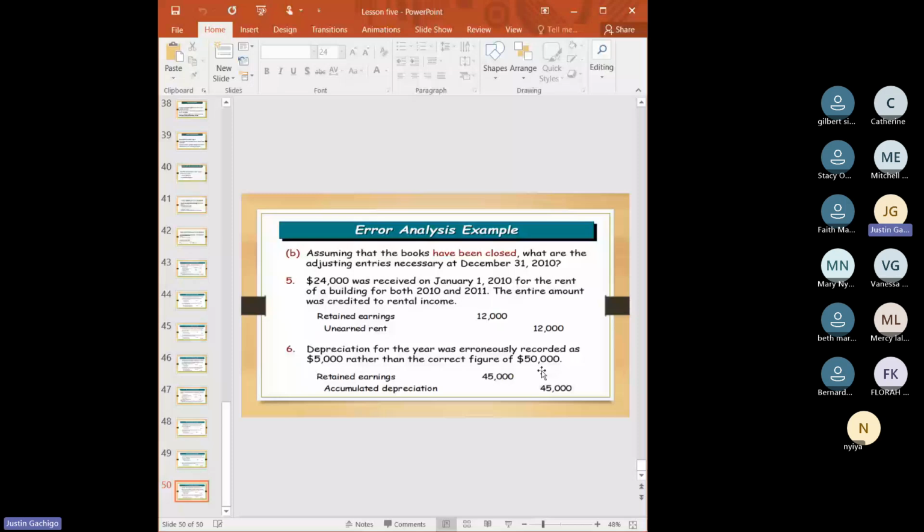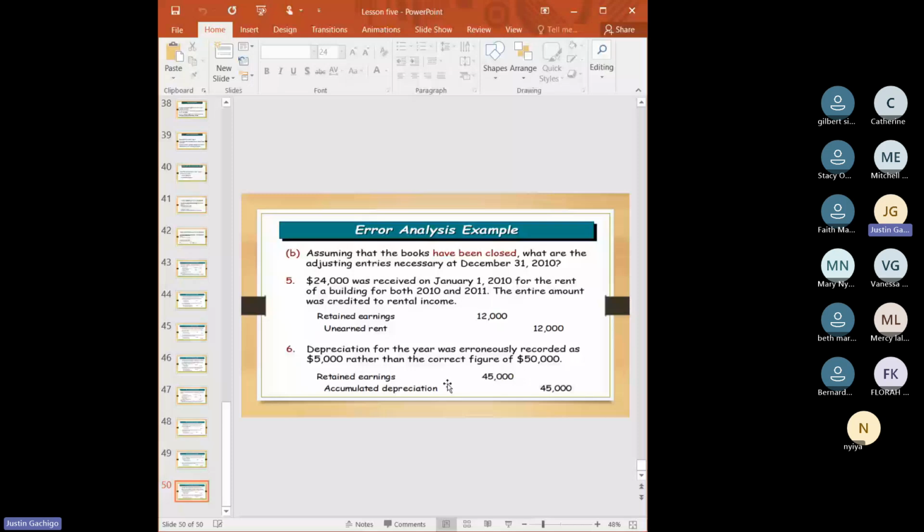This one will be a retrospective application. So you need to debit the retained earnings and then you credit the accumulated depreciation. The reason why you're debiting the retained earnings is that the amount is material, and then you have to open the prior period.